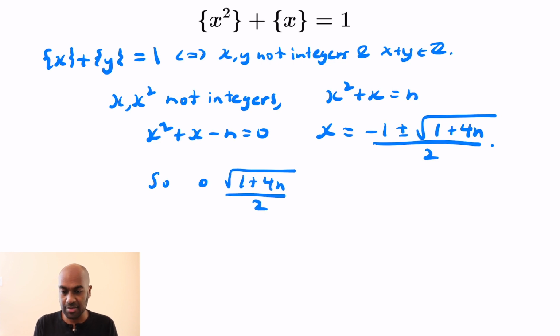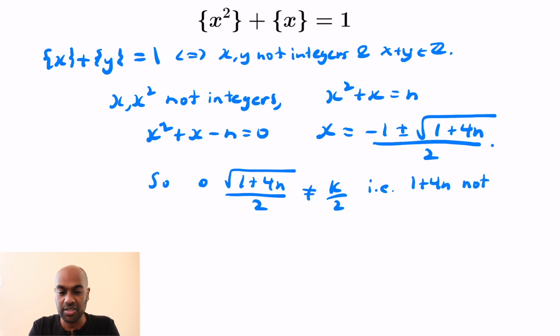So this is not something like k over 2, where k is an integer. Okay, so if that's the case, then the condition we have is that the square root of 1 plus 4n is not an integer, or in other words, 1 plus 4n is not a perfect square.